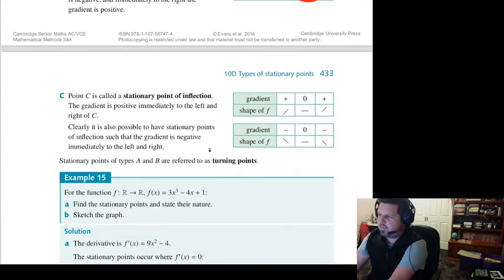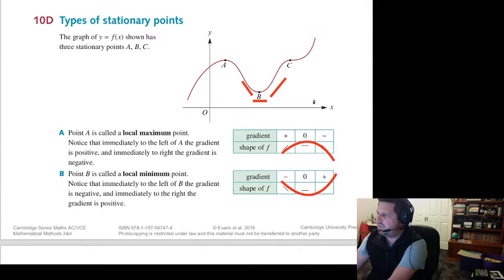Obviously there's the other type as well, the stationary point of inflection. That is where the sign of the gradient is the same on either side. You can see at this point here, with point C, just before it, it's got a positive gradient, and after it, it's also got a positive gradient: positive, stationary point, then positive. It takes that type of shape.